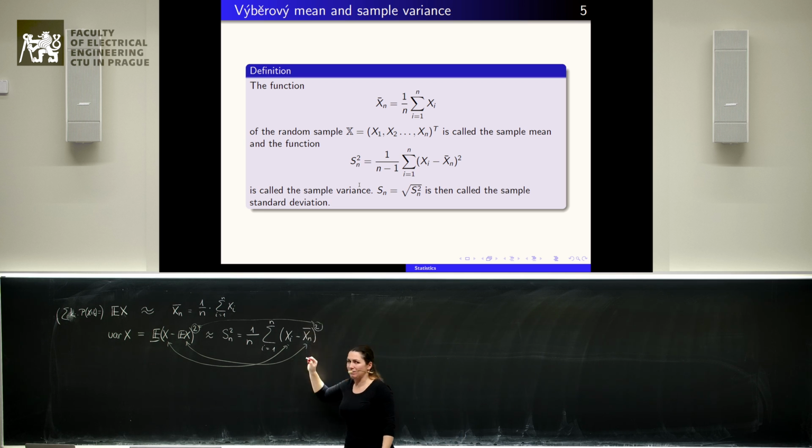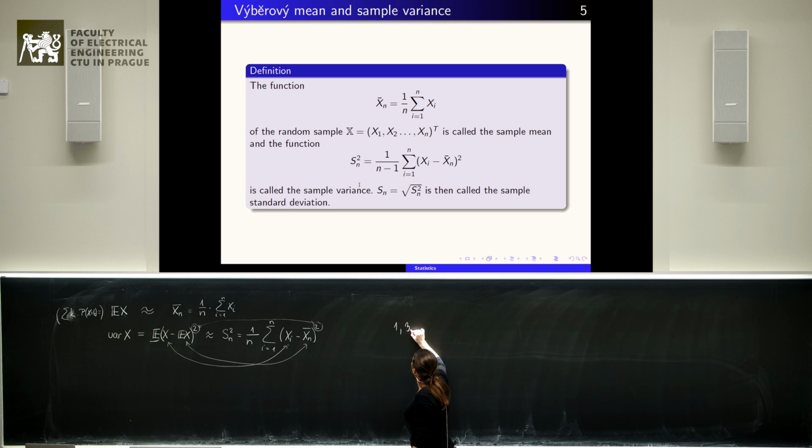The problem is that this sample mean, this average, is in fact connected with the xi. When we have, for example, the values 1, 3, 3, and something, x1, x2, x3, x4, and we know that the average is equal to 3, then we know what the last number is. The last number is equal to 5. Otherwise, the average wouldn't be equal to 3.